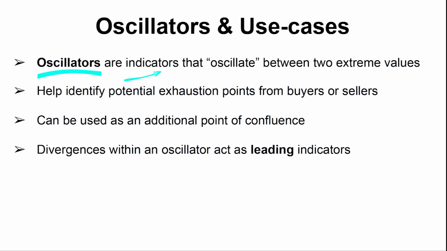Oscillators are technical indicators that oscillate between two extreme values. Oscillate is just a fancy term to describe back and forth movement. They usually consist of upper and lower bounds with a centerline or midpoint. Depending on the oscillator's position in relation to price, we can use these tools as a way to help identify potential exhaustion points.